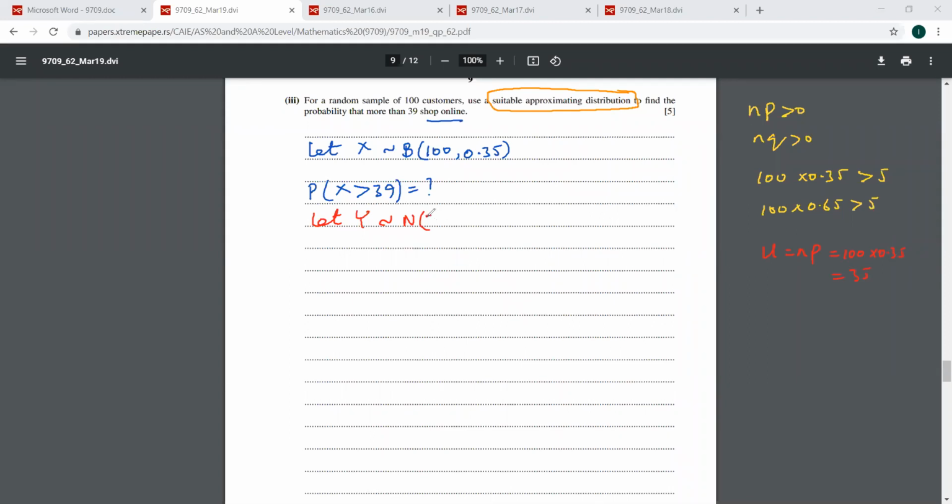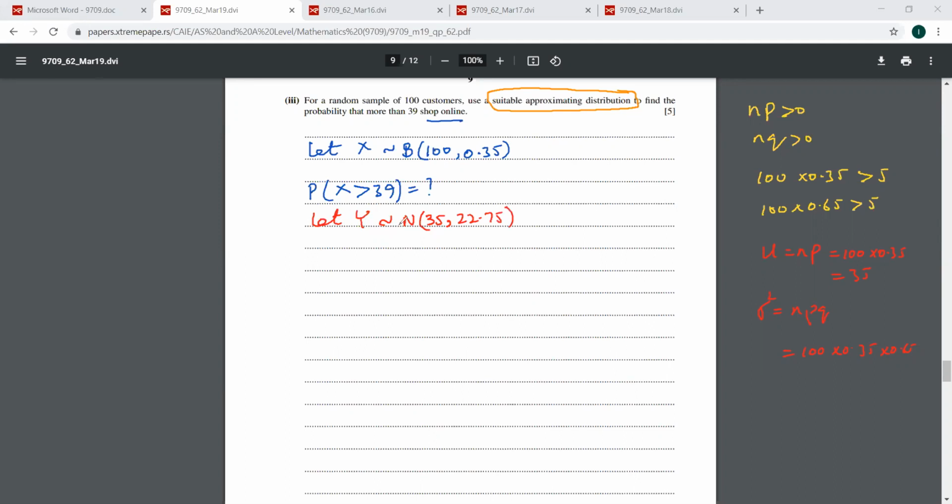So the mean of this normal distribution is 35. And then we need the variance, and that is npq. So this is 100 into 0.35 into 0.65. So let me find that. 35 times 0.65. So this is 22.75. So that is the variance we have here.